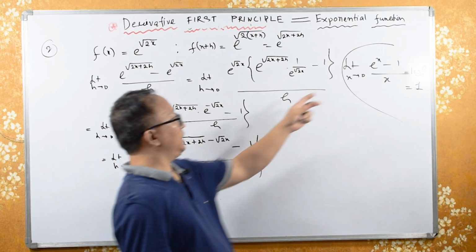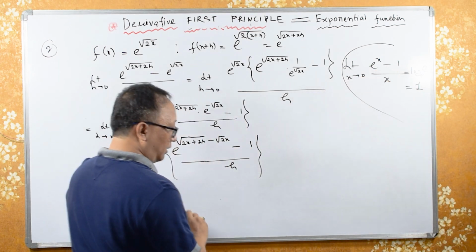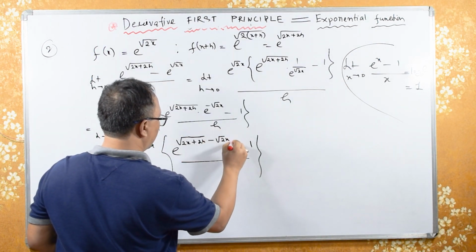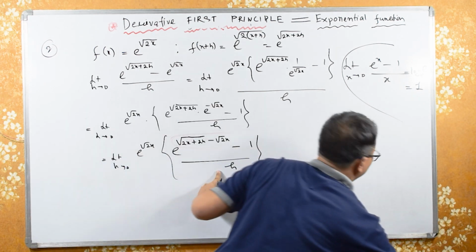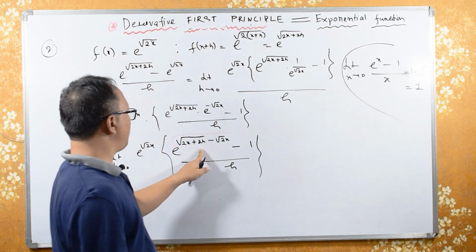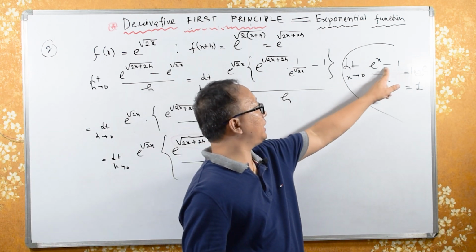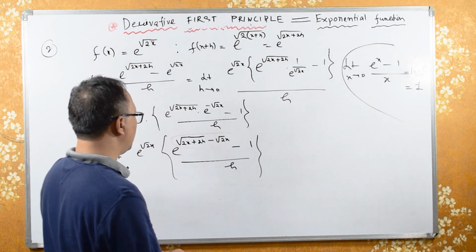Now remember, e raised to x minus 1 upon x is something like x, okay. We need this, okay, into this h, okay. e raised to x minus 1 upon x, this upon this, okay.